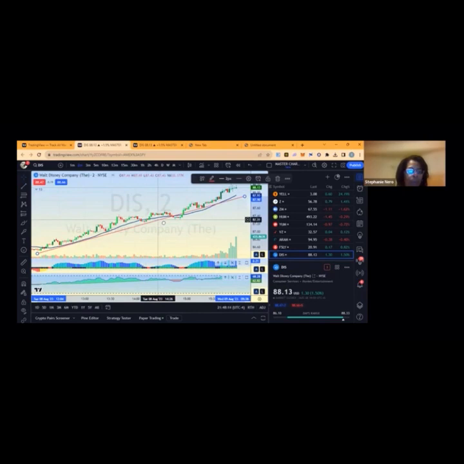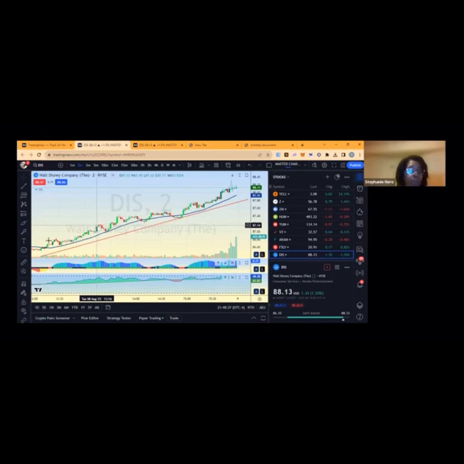Really great bullish bias to ride that. And I would have actually gotten in at the area where it was close to the 20-day moving average. And with the movement of the candles, I would have ridden it probably to there.